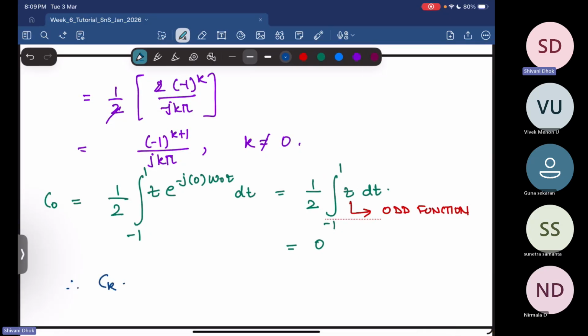Therefore, your ck is equal to minus 1 to the power k plus 1 upon jk pi for k not equal to 0, and it is equal to 0 otherwise. Okay. Is it clear? Any questions?